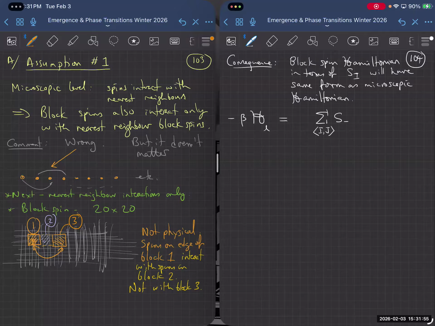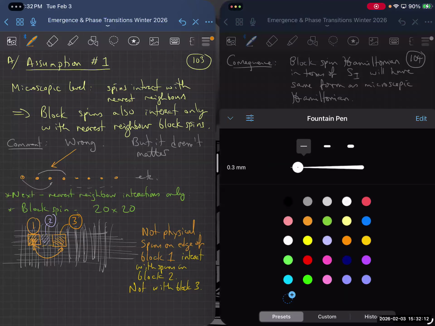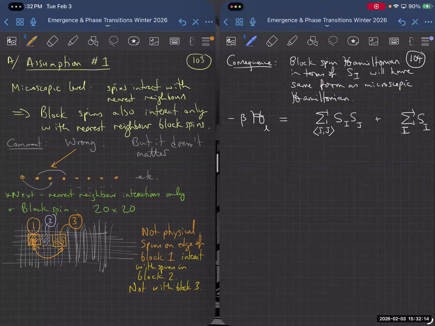So it's going to have a term like S_I S_J, and a term which will be the sum over I of S_I. It's the same form as the original Ising Hamiltonian, but there's going to be a coefficient, the external magnetic field, which will depend on the scale.